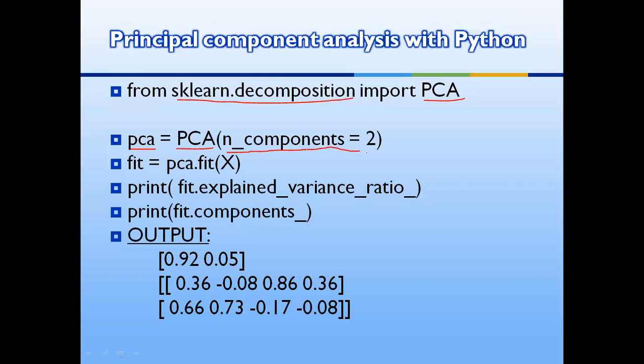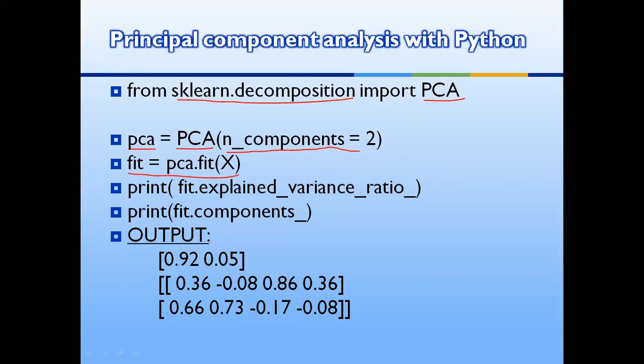So for example, here 2. It is your job to identify the best value of this number of components by doing some survey, right? Then, after creating the object of this PCA, you can fit your PCA model using the fit function. So pca is my variable object, and pca.fit will execute the algorithm of principal component analysis that we discussed in these steps.